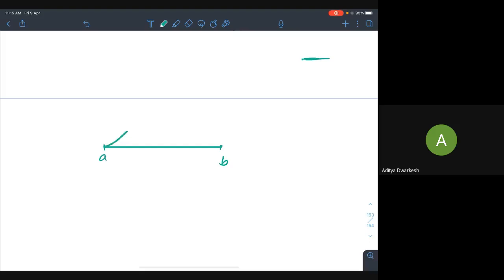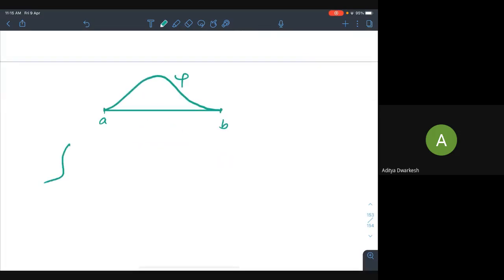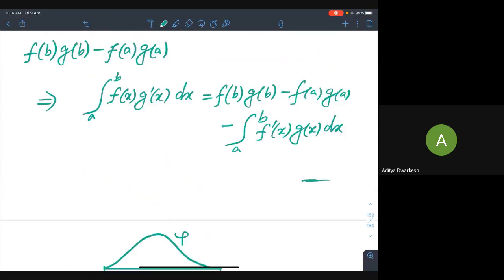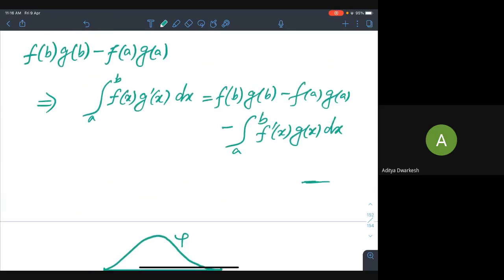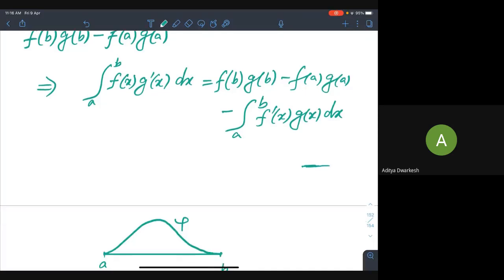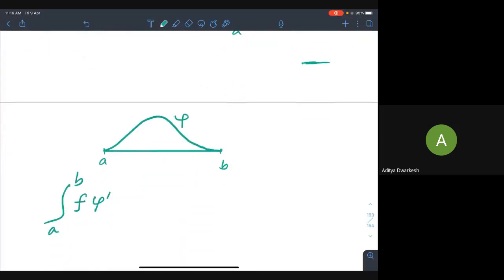The bump function is useful in the case of integration as well. So suppose this is phi, and you want to find the integral of f phi prime from a to b. Then if you use integration by parts, you will have f(b) times phi(b).